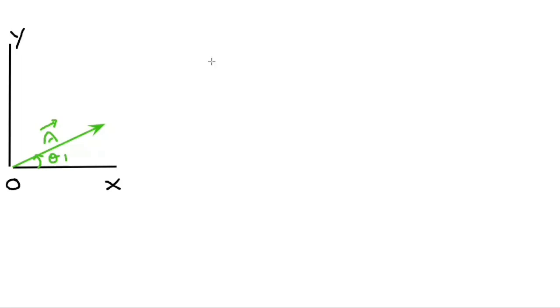Now let us draw another vector which is vector B. This vector B, you can draw it of any length in any direction. So what is it? This is vector B and it is at an angle theta 2 with respect to plus x-axis.